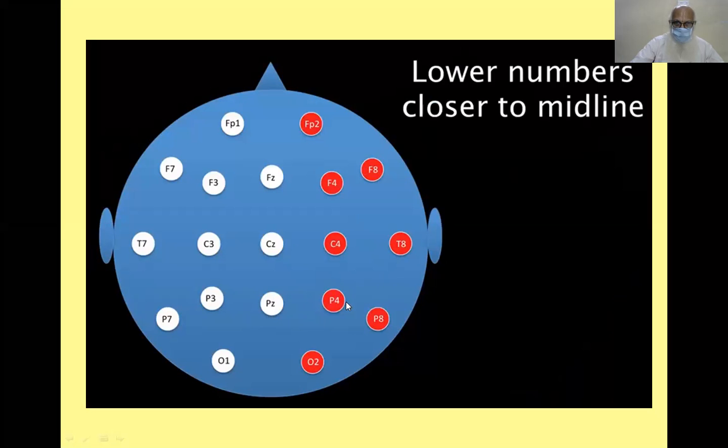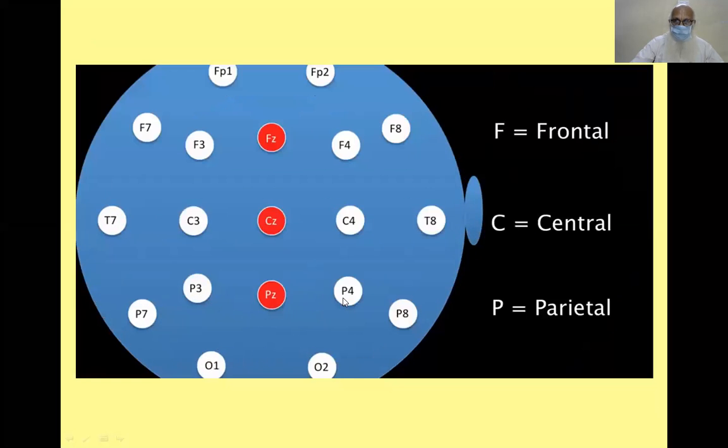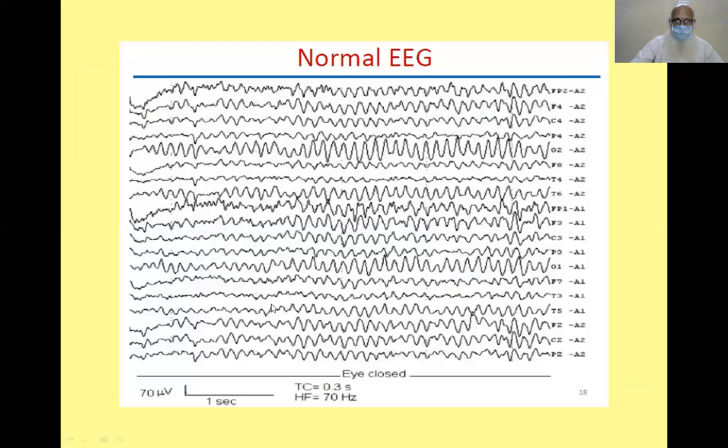So the distance between here and here is smaller as compared to here and here, or here and here. So these lower numbers are closer, particularly. And this is frontal, central, vertex, and right central.